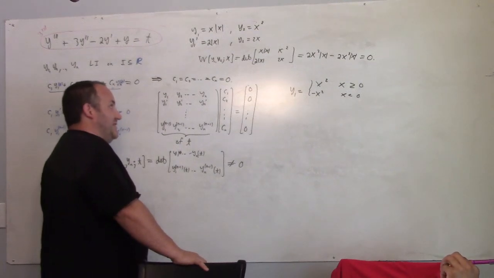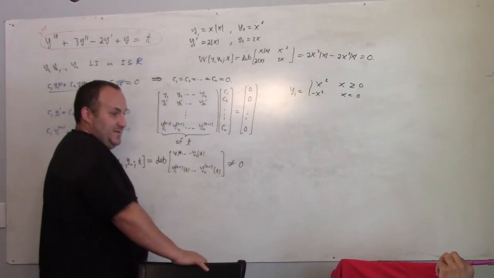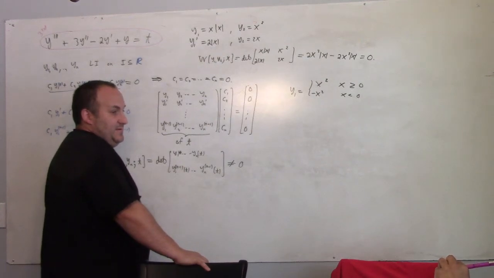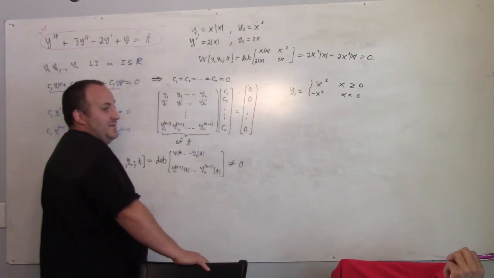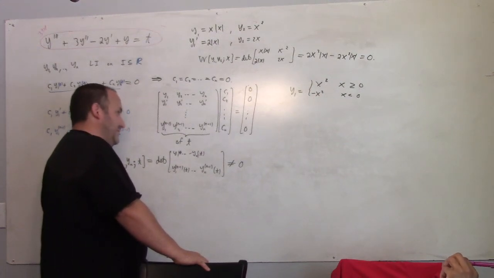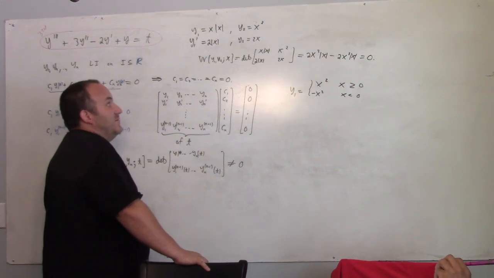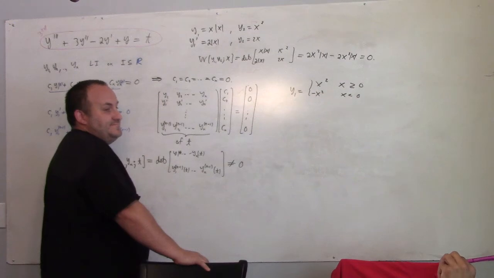If our focus was just negative numbers, they would also be linearly dependent functions. But if we look at the context of the whole real number system, these are linearly independent functions, because you can't write y1 as a linear combination of y2. It's the case-wise definition here.